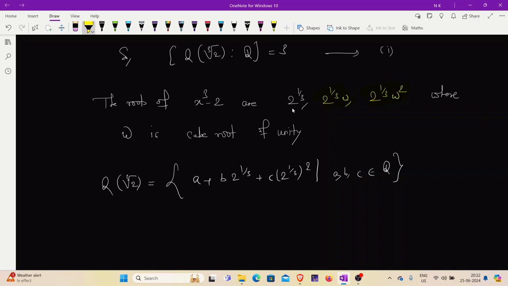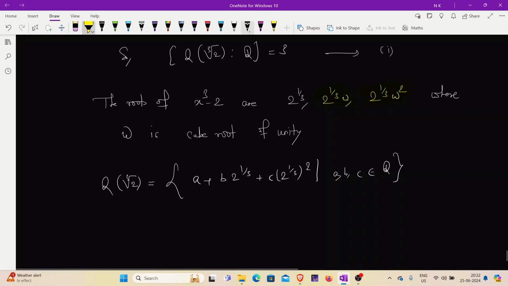There is only one root, 2 raised to 1 upon 3, which is present in the extension. So 2 raised to 1 upon 3 can only map to 2 raised to 1 upon 3, because we are defining an automorphism of this field, right? So the image should again go to this field.